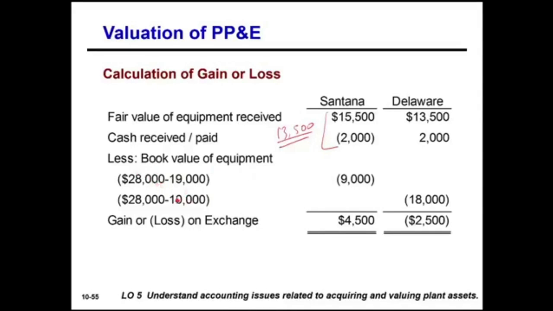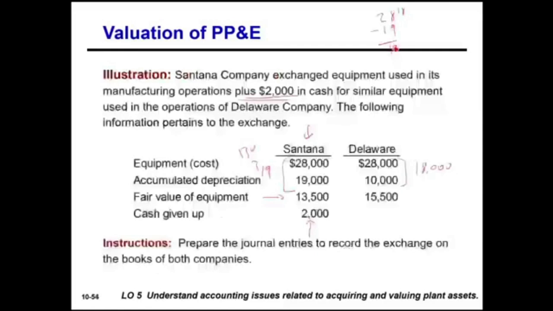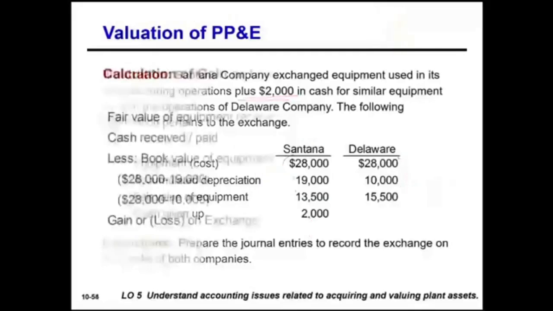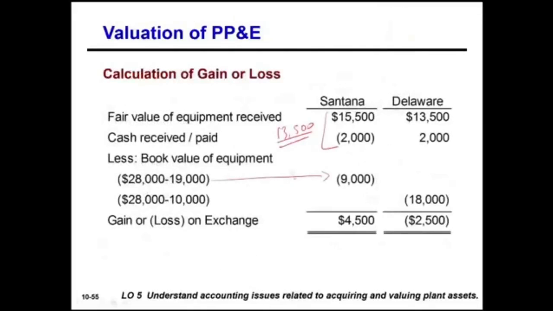Less the book value of the asset. So the book value of the asset is 28. 28 minus 19 obviously is 9, not 19, what I calculated earlier. So this is not 19, this is 9. The book value is 9. I just did a math error. The book value is 9.